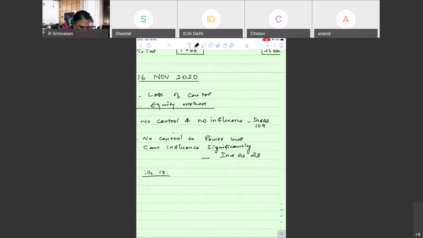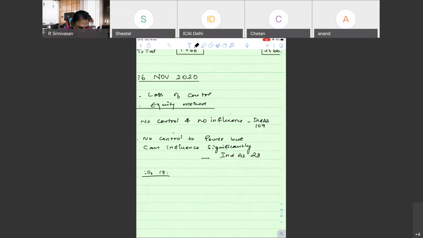So here, first case, the investment entitles power as well as significant influence. Yes, Ind AS 28 is to be applied, consolidate. Second case, P does not have joint control of Q, but P is a joint venture.